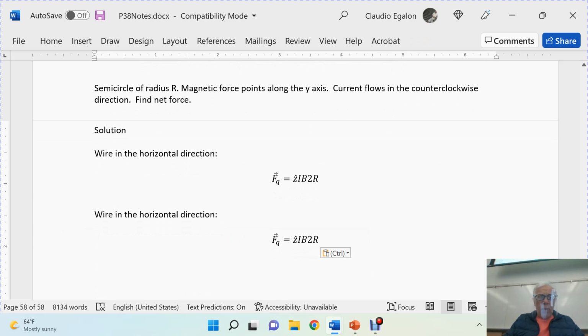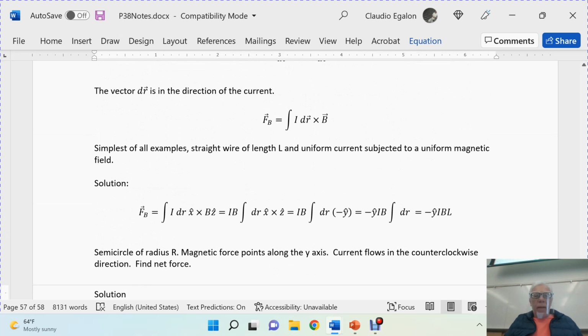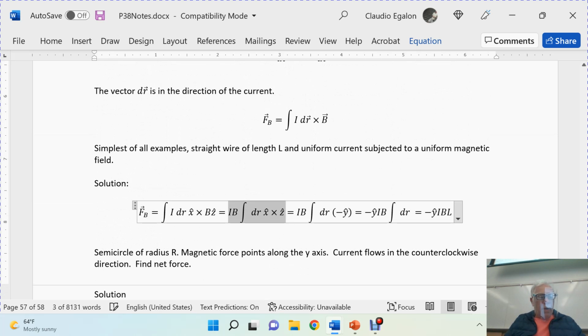Semicircular wire. Now you have to use this equation here.